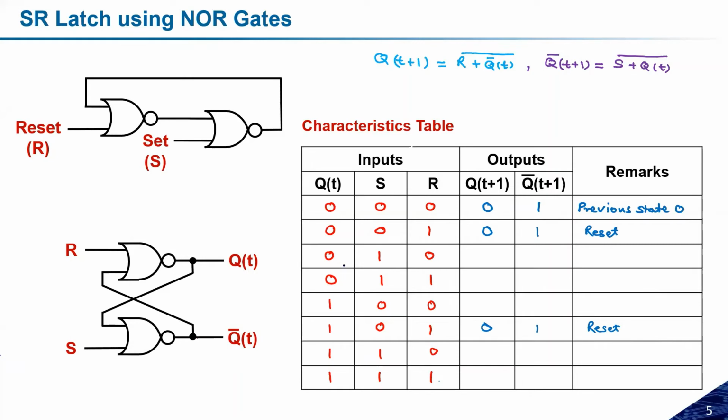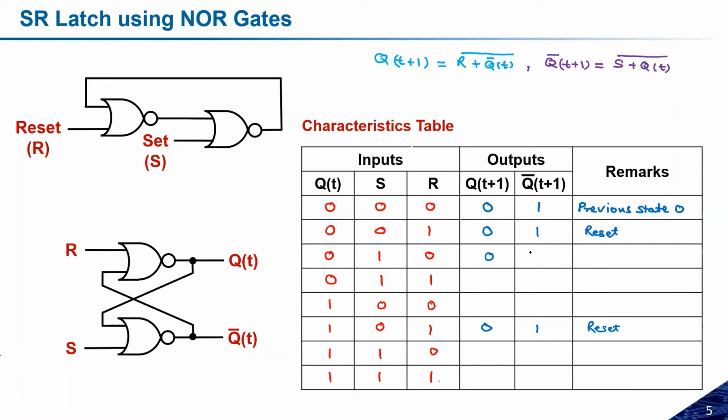Okay, output Qt plus 1 is 0. How is it 0? Qt bar should be 1. 1 plus 1 comes out to be 0. 1 plus 0 comes out to be 0. So you are saying Qt plus 1 should be 0. Okay, and what about this Qt plus 1 complement? It is 0 and also this is 0.